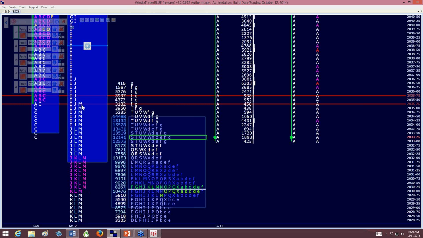We have a pretty good idea that if we start trading above 2035.25, all of those traders that shorted late in the day are caught short in the market.